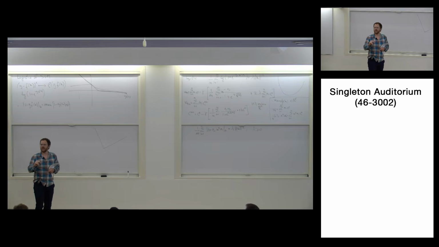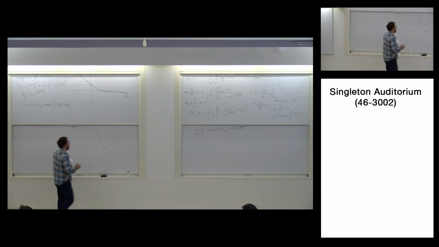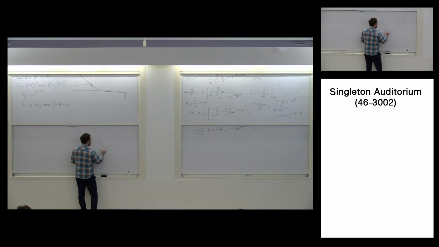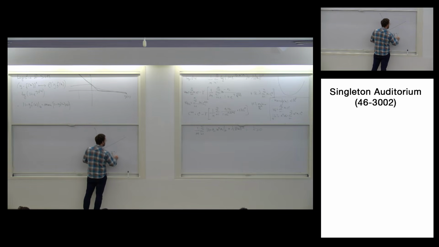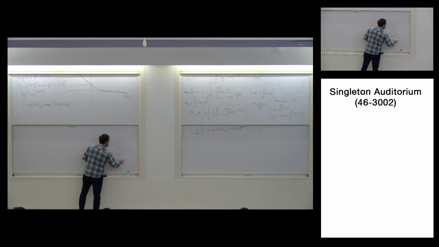How many of you know what a subgradient is? In the simplest possible case, a subgradient is not one number like the derivative, but an interval: the interval between the left and right derivative. So at this point, let's call it W0, you get f minus W0 and f plus W0, the left and right derivative.